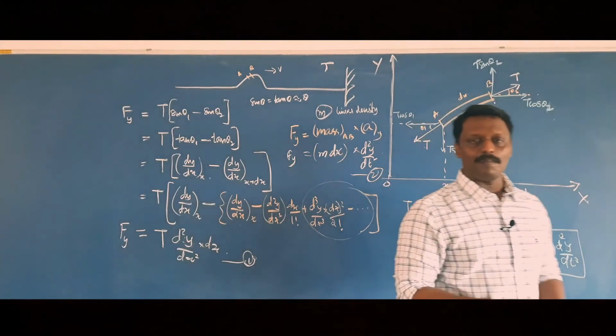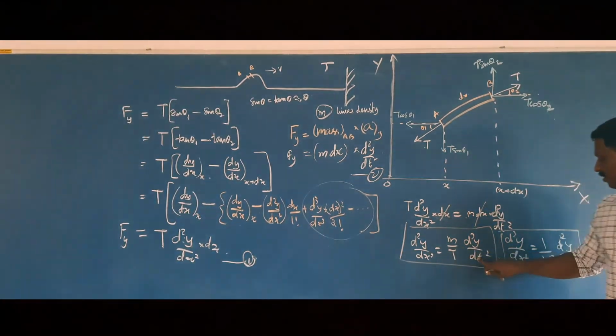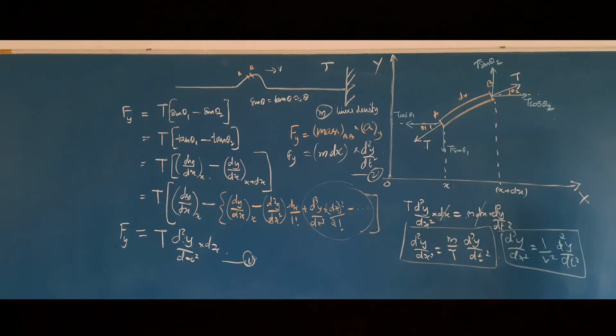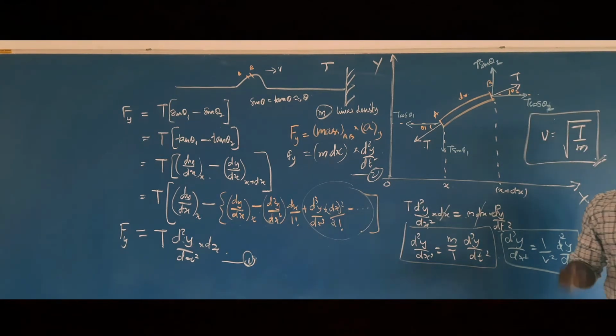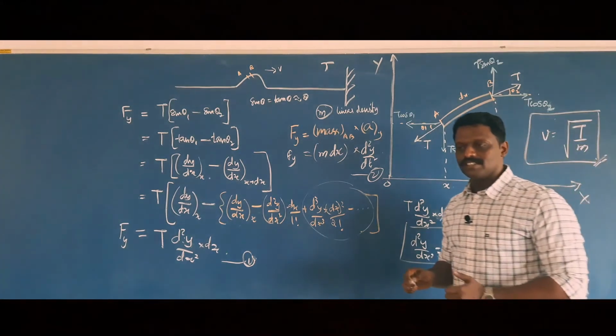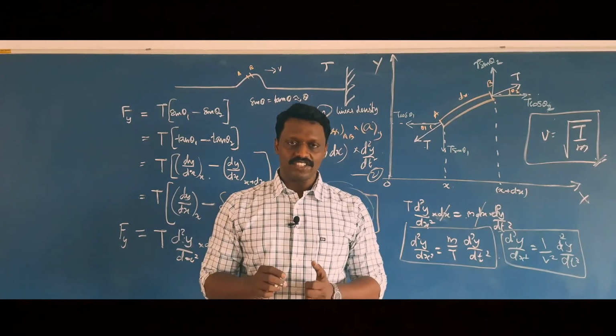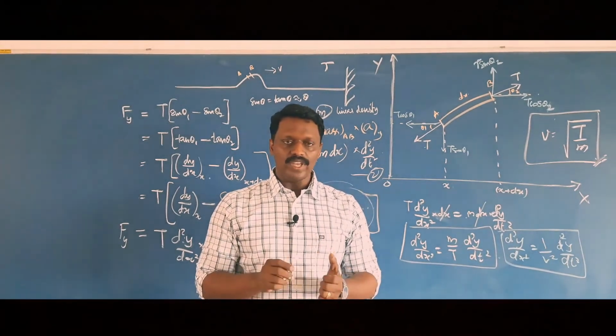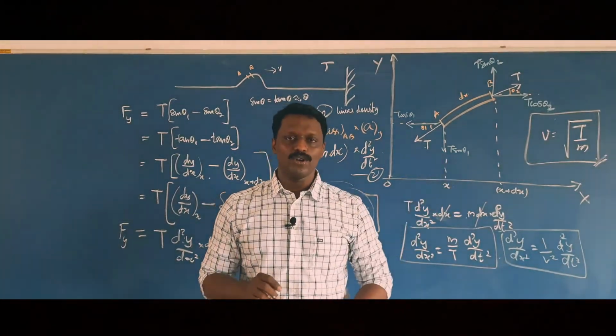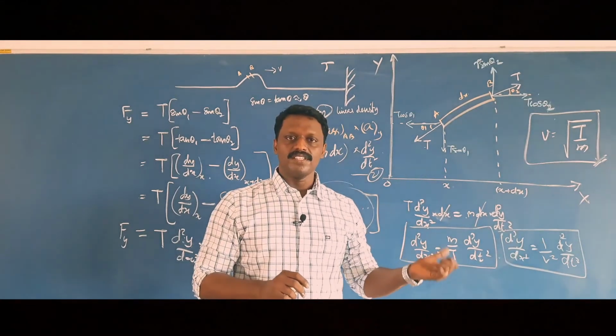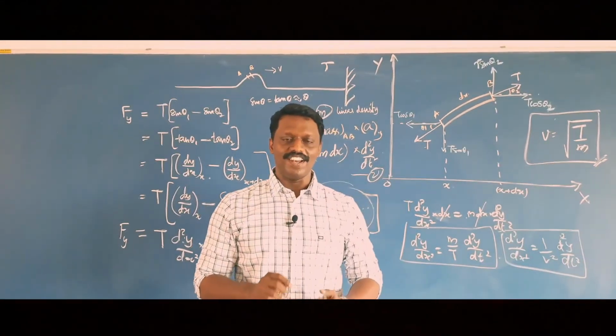M by T is equal to 1 by v square means v square is equal to T by m, or v is equal to root of T divided by m. This equation represents the velocity of a transverse wave in a stretched string. So v is proportional to the square root of tension. It is inversely proportional to the square root of linear density.